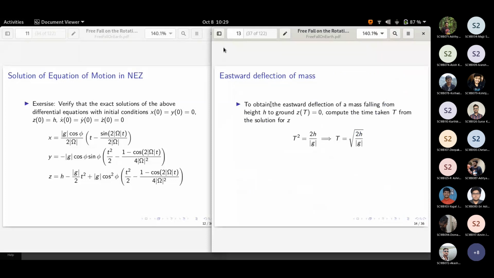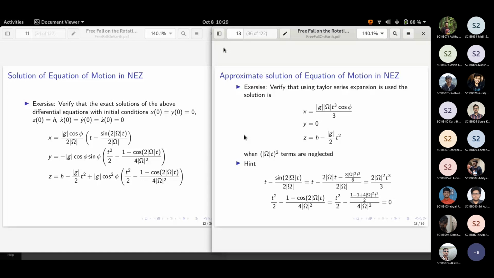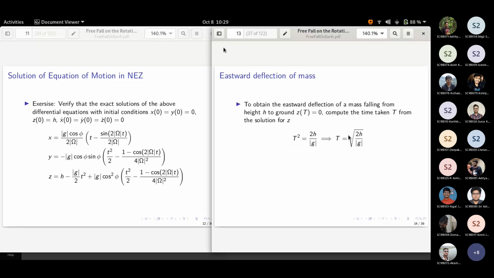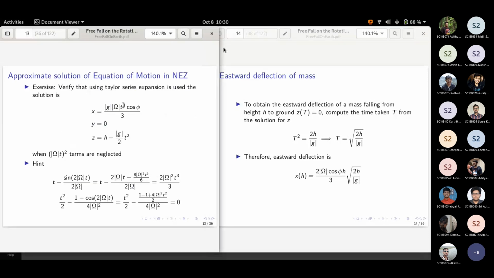To obtain the eastward deflection, we have to first compute the time it takes to fall down. Once you know the height, you can find out how long it takes to reach 0 height. That is given by the expression t equals square root of 2h by modulus of g. And then the eastward drift, if you substitute the value of t in this t cube expression, you obtain this.